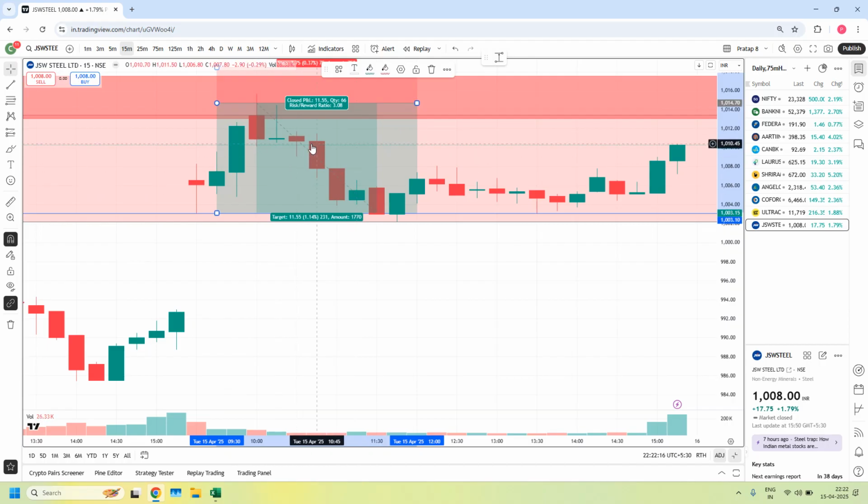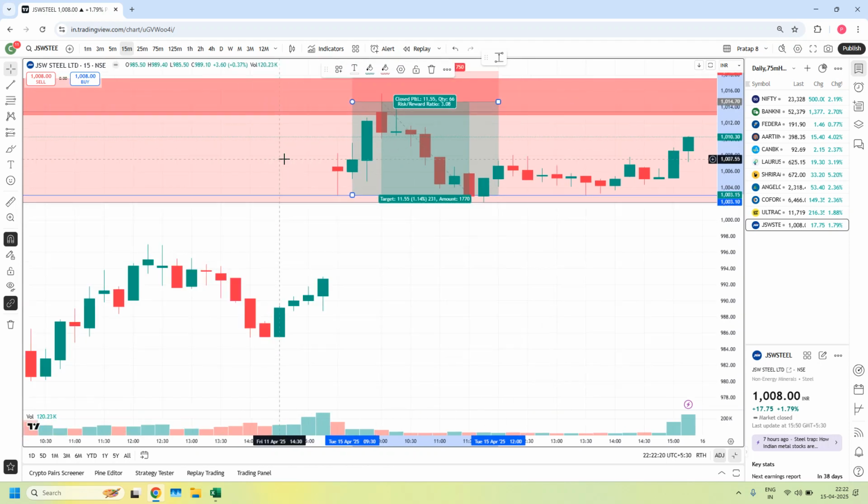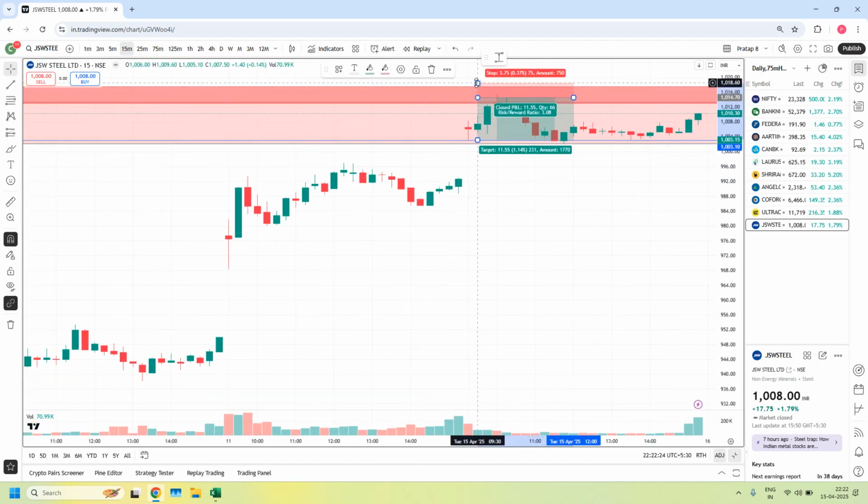So that way you will be adjusting your entry. Now this is going to be your entry and this is going to be your stop loss somewhere here, because this stop loss is based on the stop buffers.